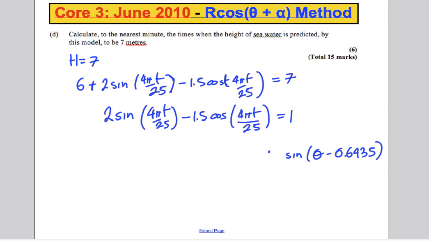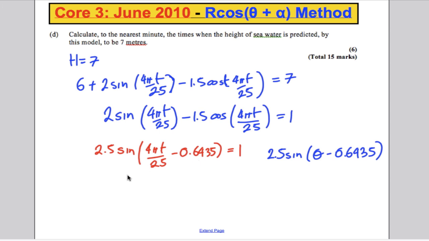I think it was 2.5, wasn't it? Okay, I know this here. I can write this as 2.5 sine 4 pi t over 25, subtract 0.6435 is equal to 1.